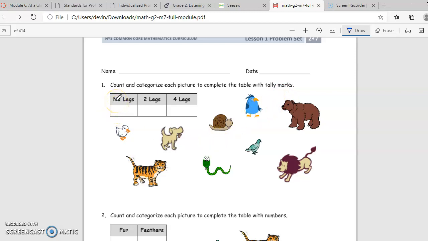The first category is no legs. So you look at the pictures, find something that has no legs like the snake and cross it off so you make sure you don't use it again. And draw a tally. Another one would be the snail.